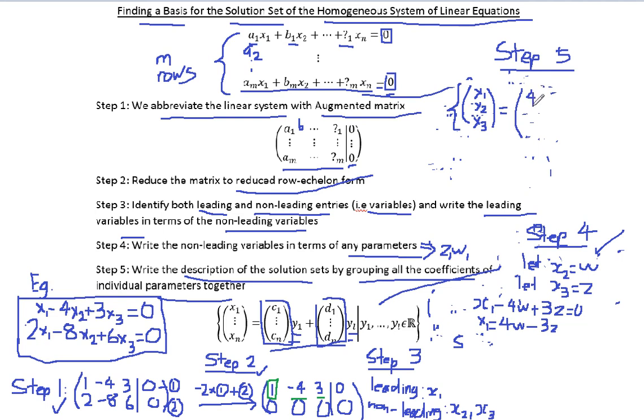Let's write the whole thing first. 4w minus 3z, x2 equals to w, x3 equals to z.